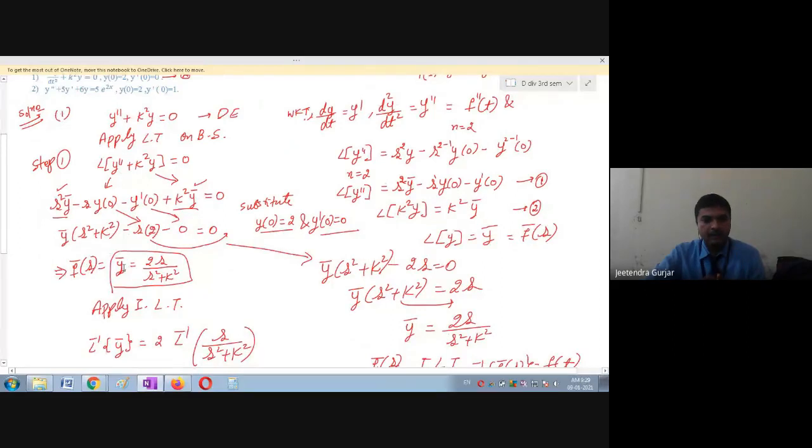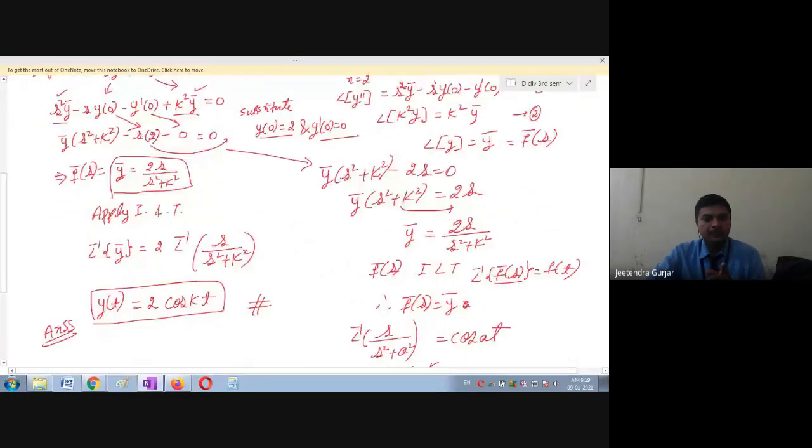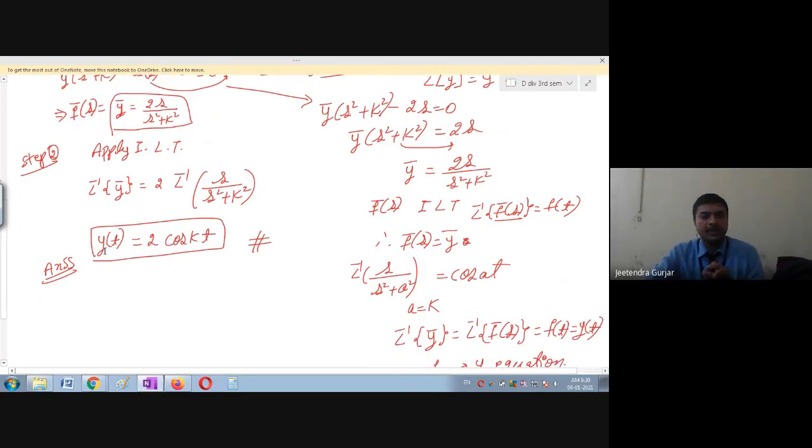After finding f dash of s, you are going to apply inverse Laplace transform. So this is your step 2. You can see this is applying inverse Laplace transform using the formula. You will get the answer y of t is equal to 2 cos kt.